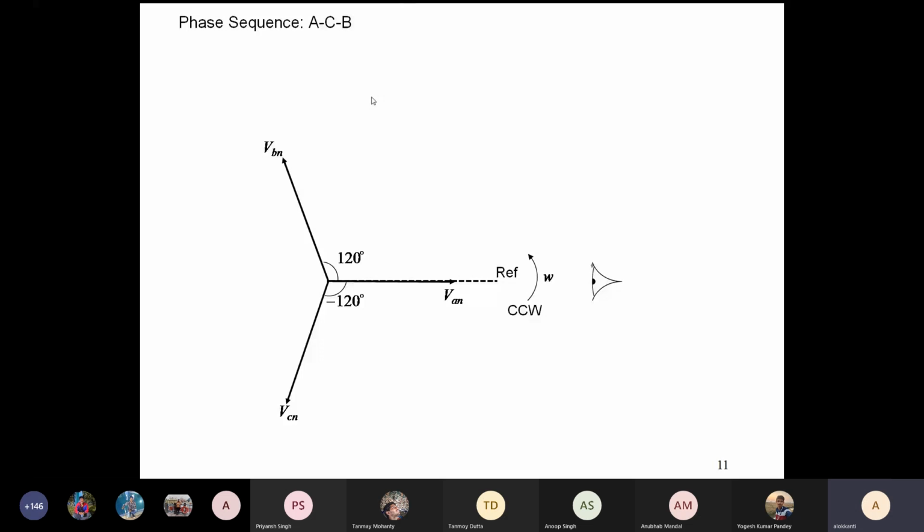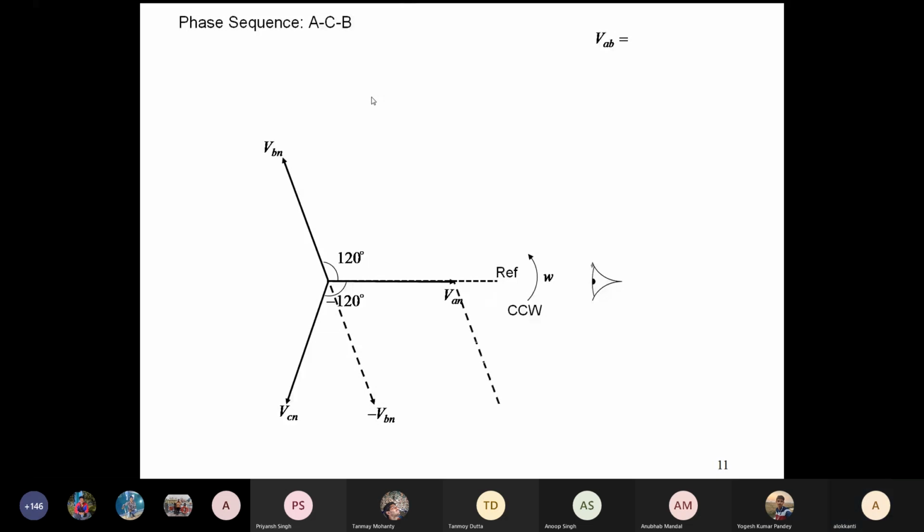And now if you are asked to find out what is the VAB, VBC, you can again do. So to do VAB, what you have to do? It is VAN plus or minus VBN. So you have to basically reverse VBN and then add with VAN.